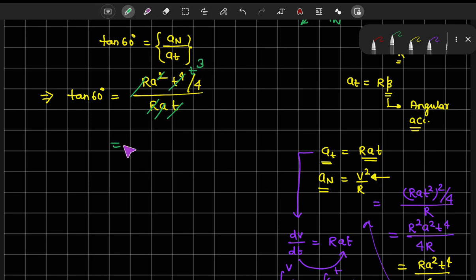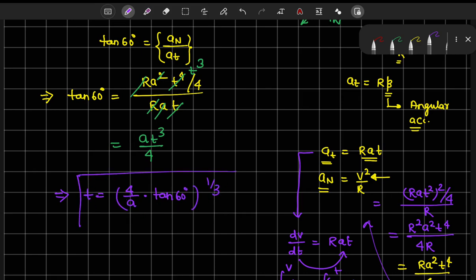So we got a t cube divided by 4. If we find the value of the time instant, we get t equals (4 tan 60 degrees divided by a) to the power 1 by 3.